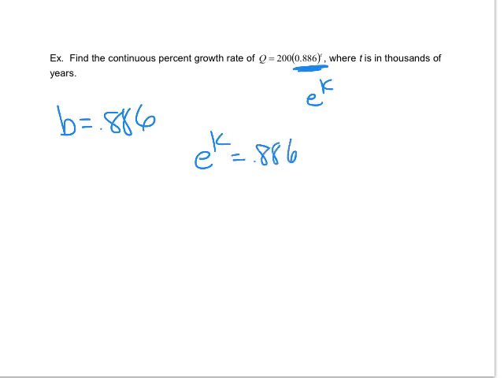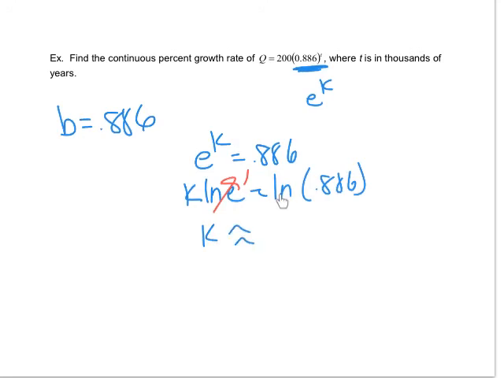I take the natural log of both sides. k times the natural log of e is equal to the natural log of 0.886. This is equivalent to 1, and you get k is approximately equal to, when you enter this in your calculator, negative 0.12104 if you took it out to all those decimal places.